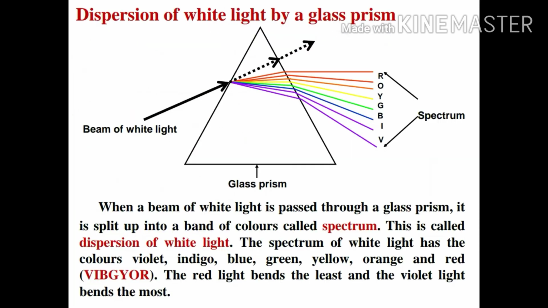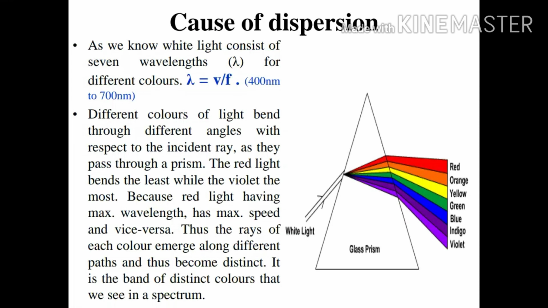Cause of dispersion. The main cause of dispersion is that when white light travels in air, as we discussed, it is made up of 7 wavelengths, 7 colors, and all these colors have the same speed in air.